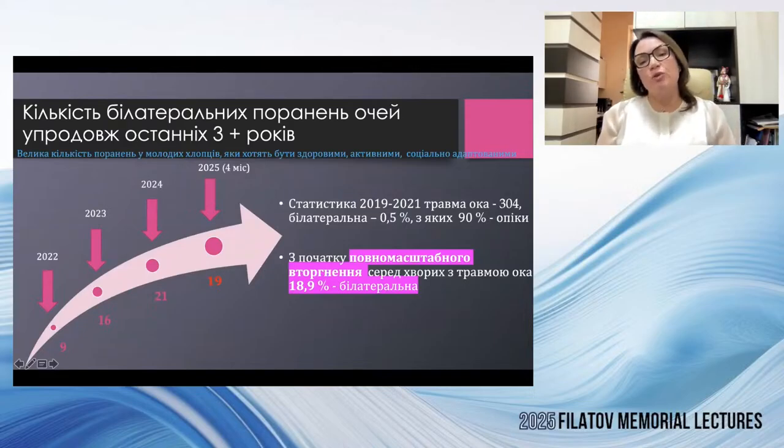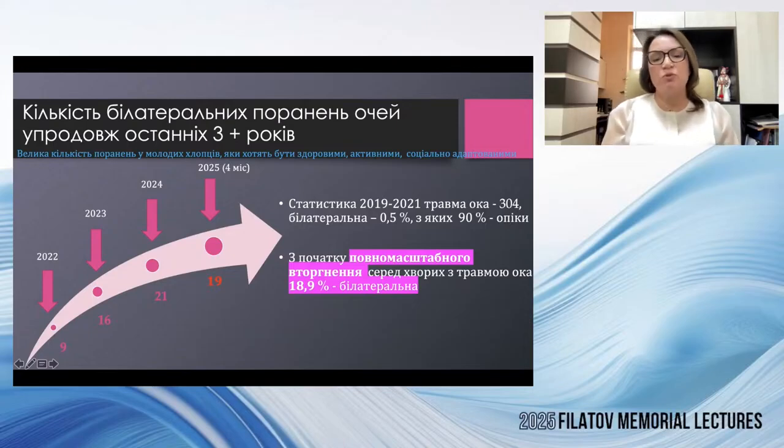As for bilateral wounds, previously it was very uncommon before the war to see a patient with a bilateral trauma. During 3 years, from 2019 to 2022, this percentage was only 0.5.